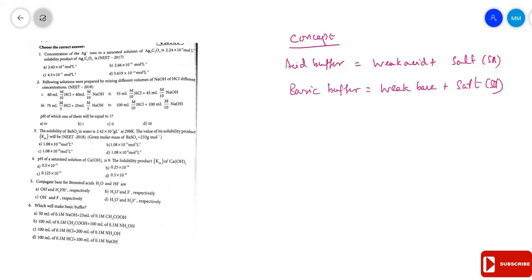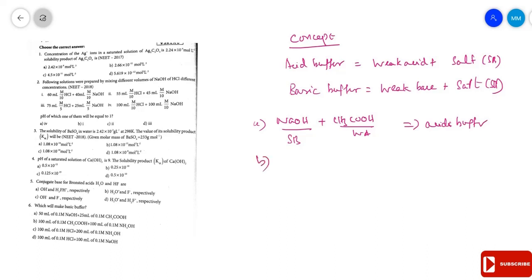Given the first one, the combination is NaOH plus acetic acid. Here the weak acid is acetic acid and the salt is of the strong base, so this mixture is an acidic buffer.